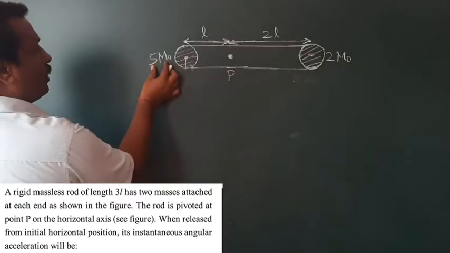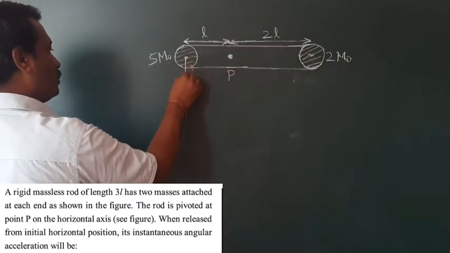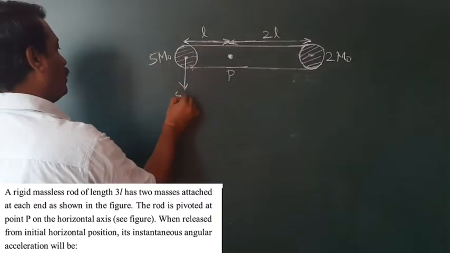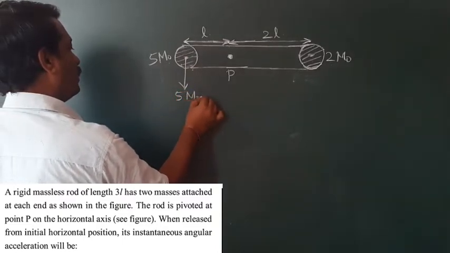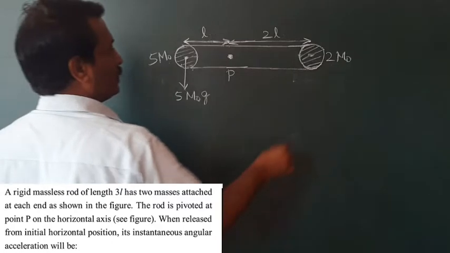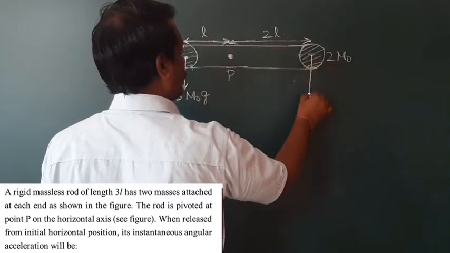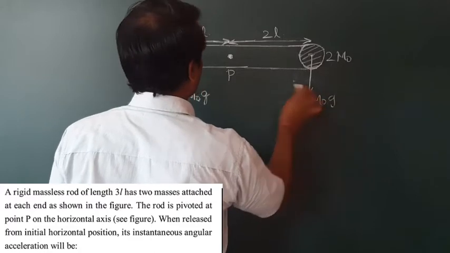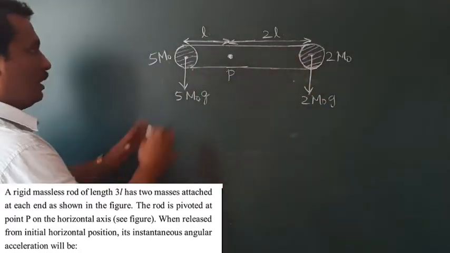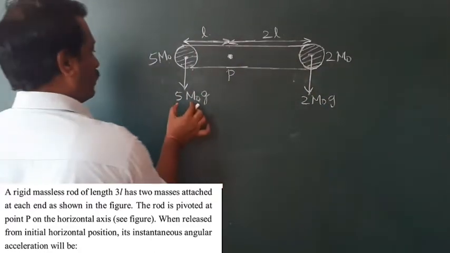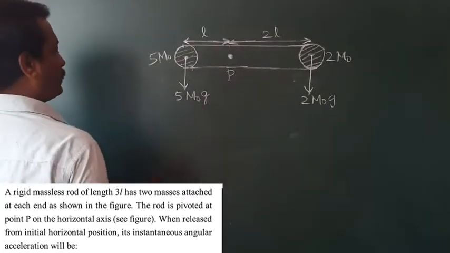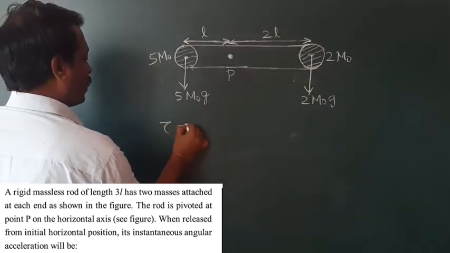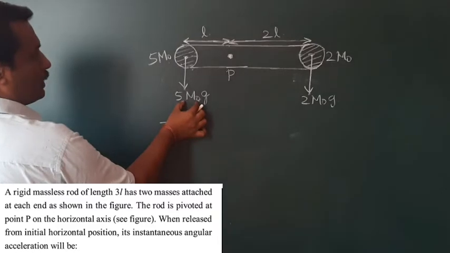Here the 5m0 mass is there, so its weight will be acting vertically downwards. It is 5m0 g. Similarly, this weight 2m0 g. So these are the two forces, and they will produce the torque. First, what is the torque produced by this? Okay, I will write total torque equal to torque produced by this.